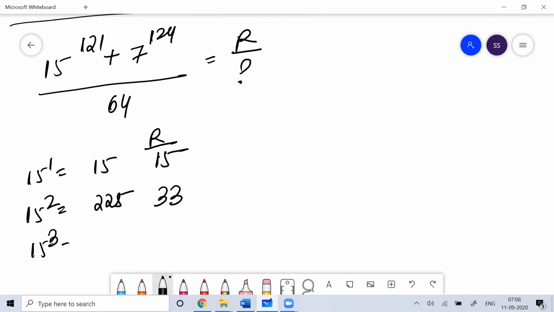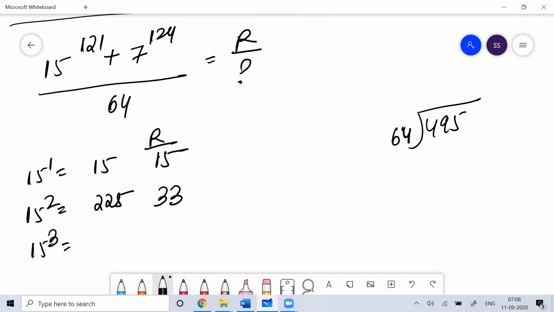Then 15 to the power 3 is nothing but 33 into 15, which is 495.